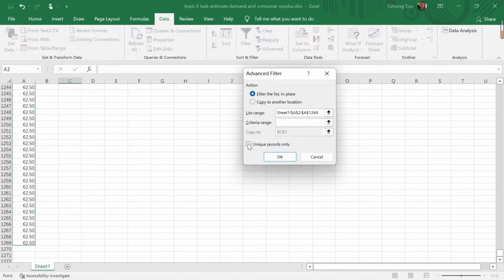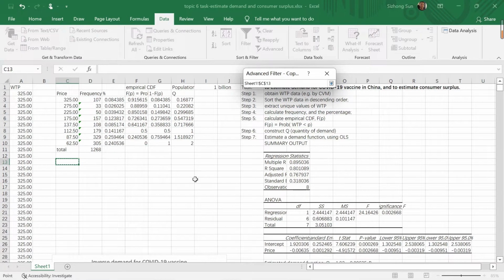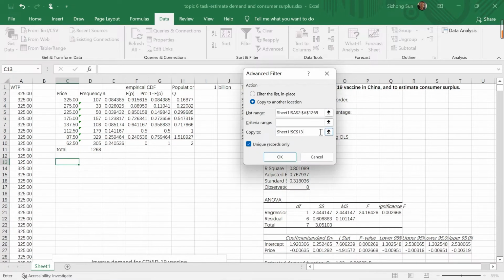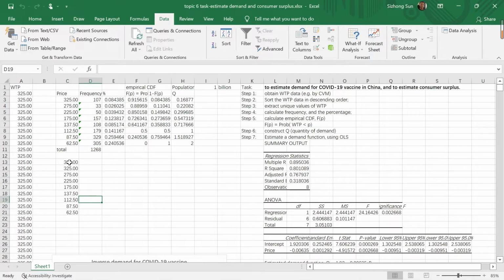Then we want to extract unique records. We want to copy to a particular location. Let's choose copy to this point. And there you go. So we extract the unique values within this WTP data.